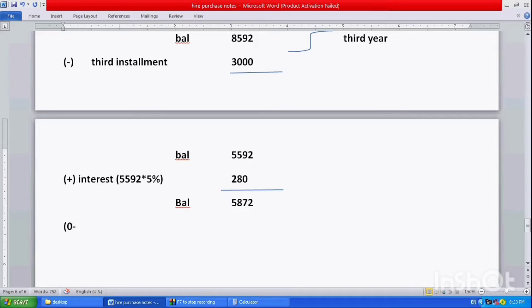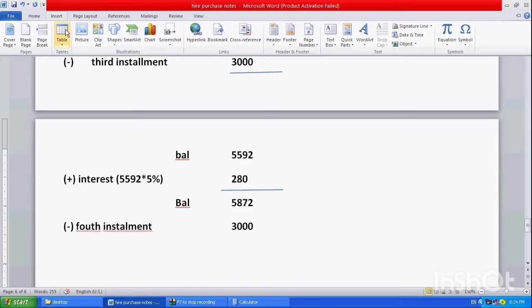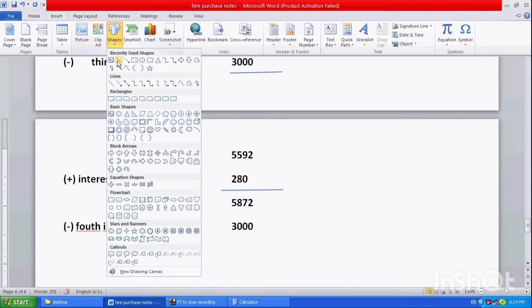Minus, we have to write minus fourth installment. Fourth installment, that is 3,000 rupees. Okay, so after deducting this 3,000 from balance, we are getting 2,872 remaining balance.